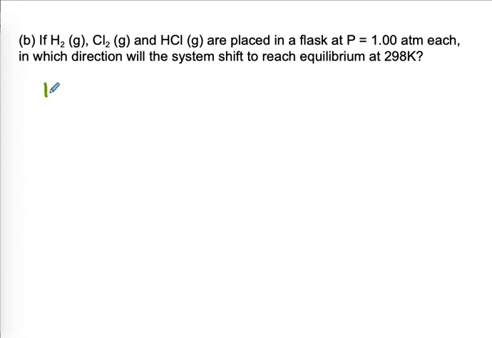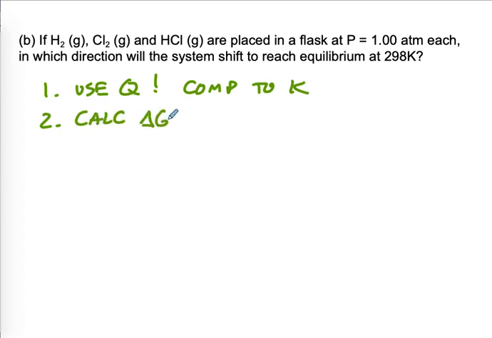The first method would be to use Q and compare it to K. The second method would be, given these conditions, to calculate delta G and use the sign of delta G to determine whether it's spontaneous in the forward or reverse direction. We will do both of these to illustrate that they both work.